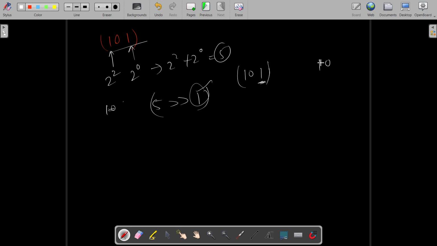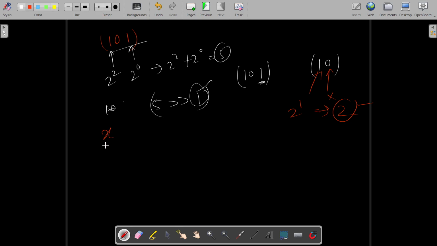The right shift of 5 by 1 gives us this binary representation, and the number would be 2 raised to power 1, which is 2 only. So if we right shift 5 by 1, we get the output as 2. Let's see through the formula.